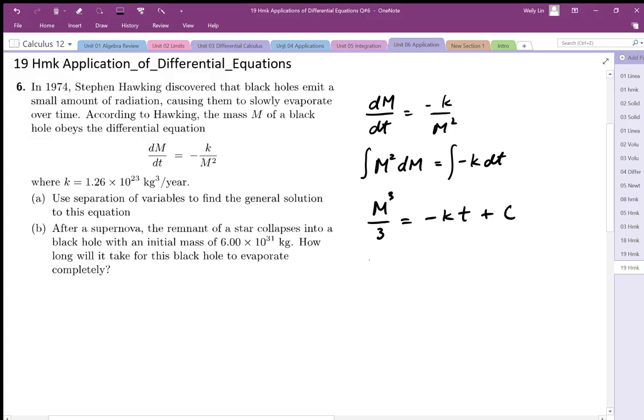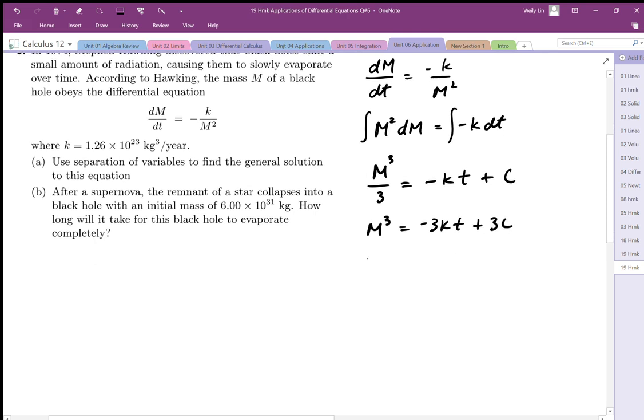I'm going to multiply both sides by 3, so I end up with -3kt + 3c. I'm just going to replace that 3c with a different constant and then solve for m. So I have m = the cube root of (c₂ - 3kt), and this represents the general solution for this equation.